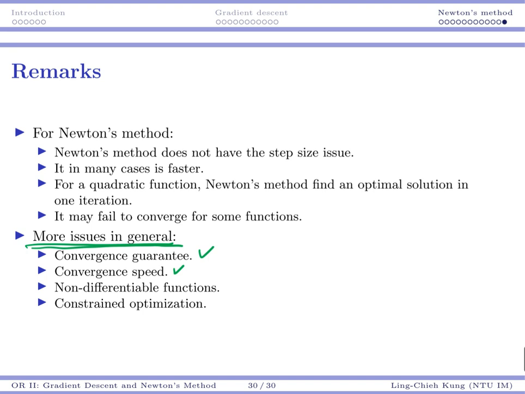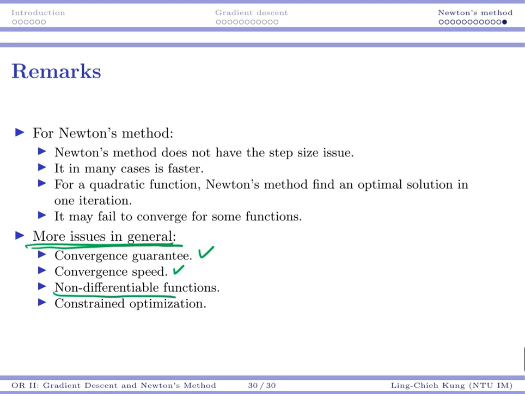Maybe we also need to do some analysis on convergence speed, because as long as you are talking about algorithms, you care about efficiency. Okay, but that's also too much, and we are unable to talk about this. But still, we gave you some intuition about how to compare the speed between gradient descent and Newton's method.